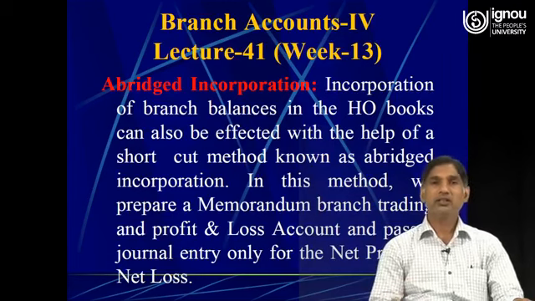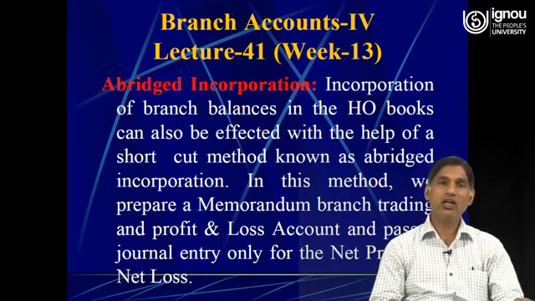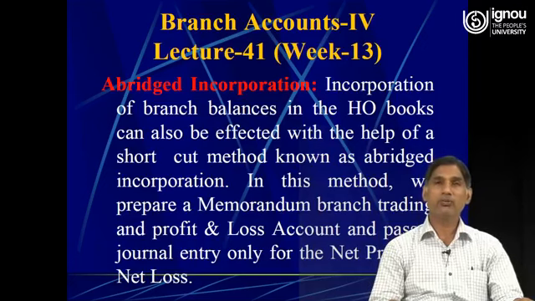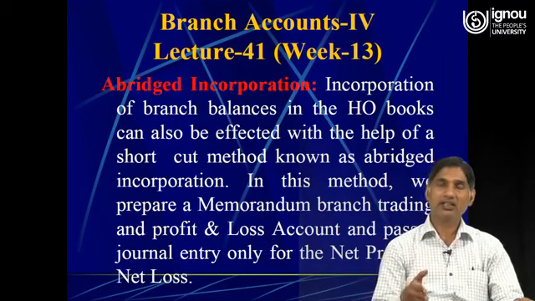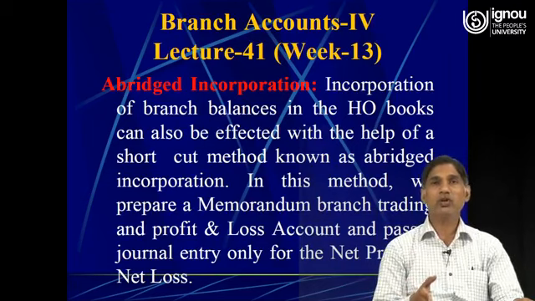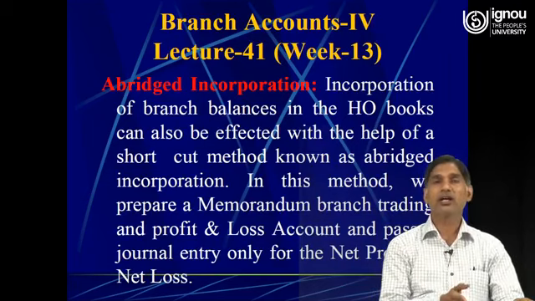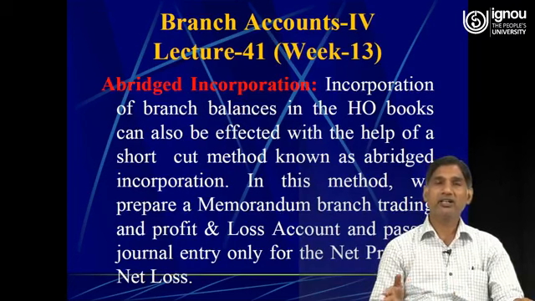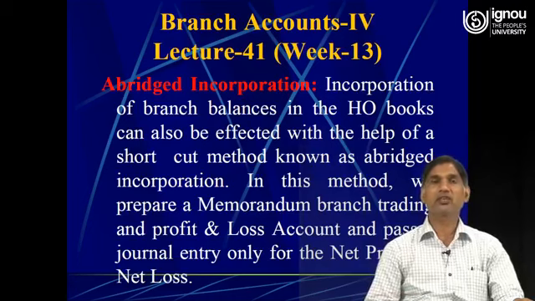In the case of detailed incorporation, we made journal entries for the transactions which need to be recorded in the debit side of the trading account, and the second journal entry was for the transactions which need to be recorded in the credit side of the trading account.